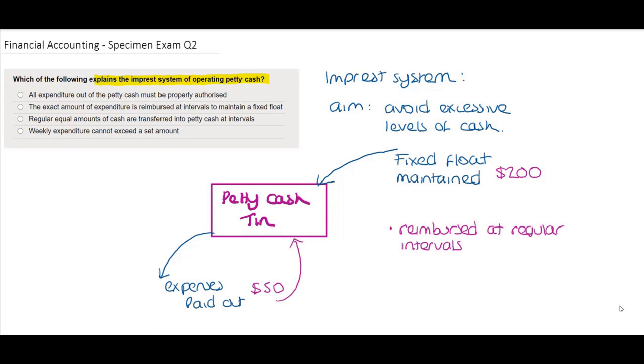Looking at the options available for our answer, the second option is what directly links to this explanation. So it is the exact amount of expenditure that's reimbursed at intervals to maintain a fixed float that is the correct answer.